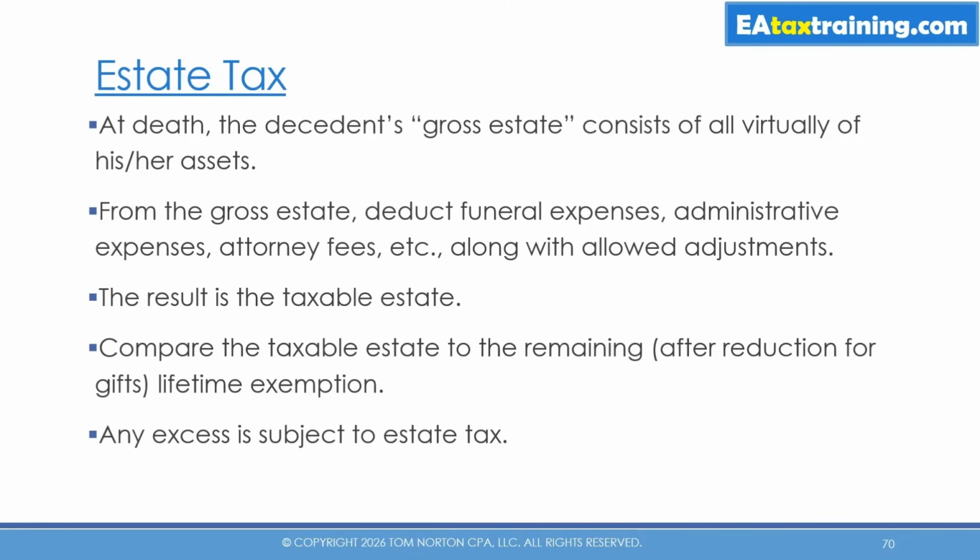Then you're going to compare that taxable estate to the remaining lifetime exemption. So everybody has that $13,990,000. You subtract any gifts that were used to offset that. You compare the estate to that remaining lifetime exemption. If there is any excess, then that amount is subject to estate tax.